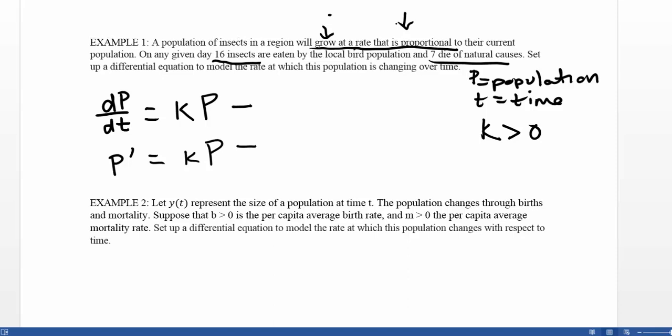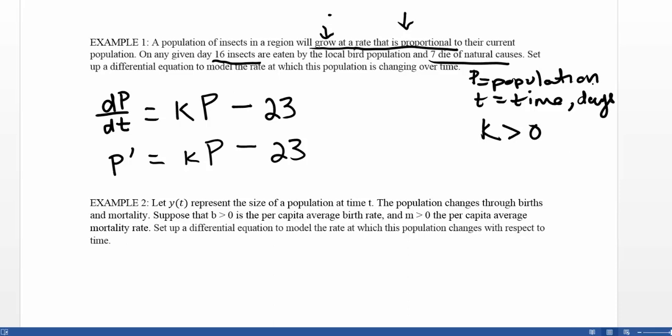So here we're losing 16 plus 7, which is 23, every single day. And because we're talking about how many we lose per day, that means we have made the decision at some point in this model that time is going to be in days.